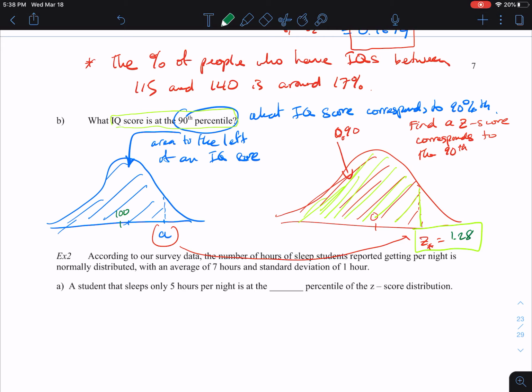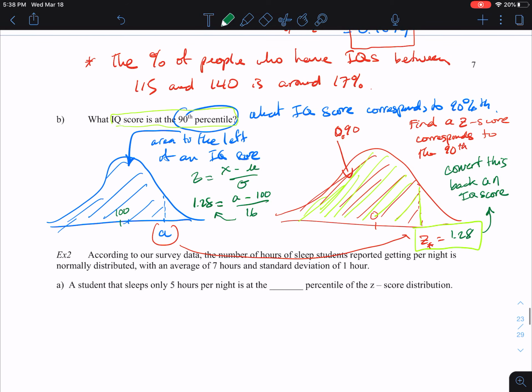So we're gonna go ahead and convert this back to an IQ score, using this formula, z equals x minus mu over sigma. So now we have z is 1.28. We want to find what is that x value, the IQ score. If the mean is 100, standard deviation is 16. So multiply both sides by 16, add 100.